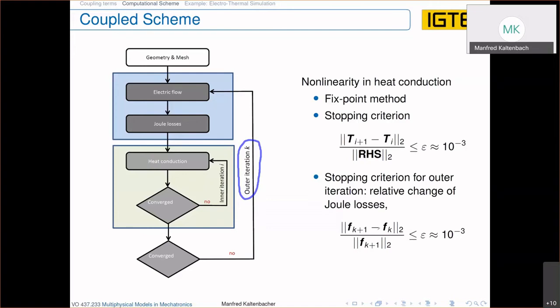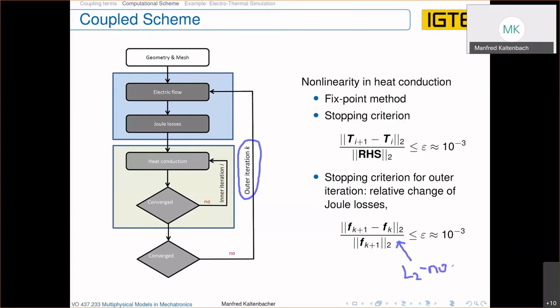We take the difference of these Joule's losses to the previous iterative state. We square it, sum it up for all finite elements, and then take the square root. That's the standard L2 norm. So I should perhaps write it also here. So this is the standard, as we call it, L2 norm.